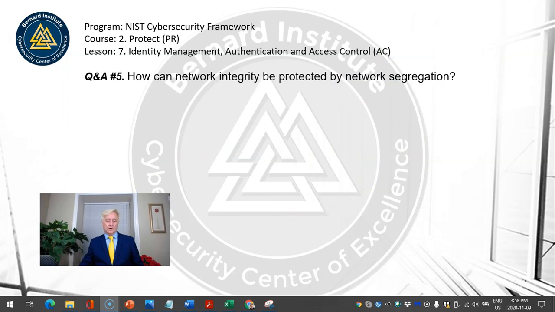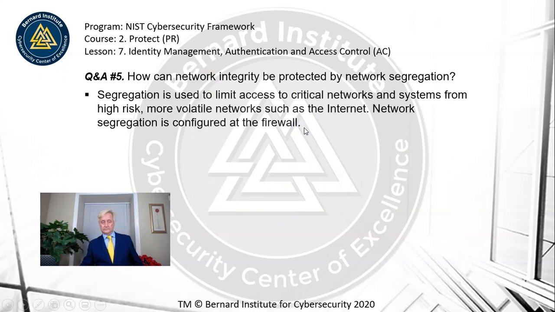Okay. How can the network integrity be protected through the use of segregation? Well, segregation is used to limit access to critical networks. So segregation can be applied all across your organization.